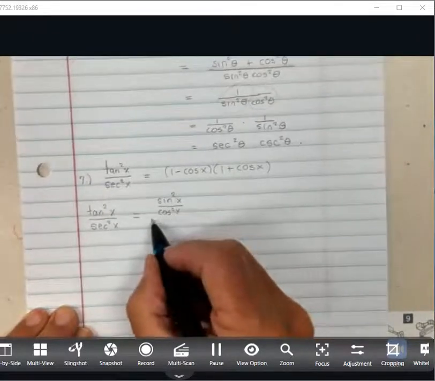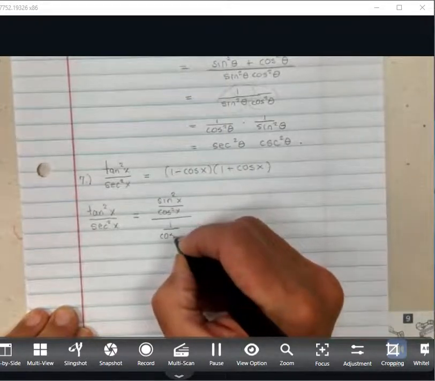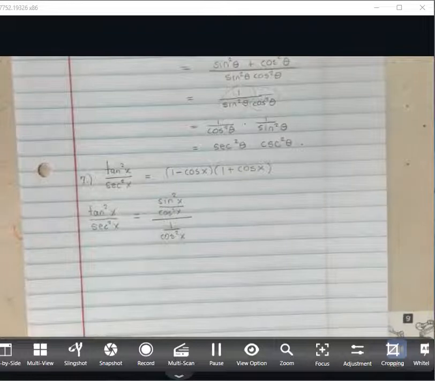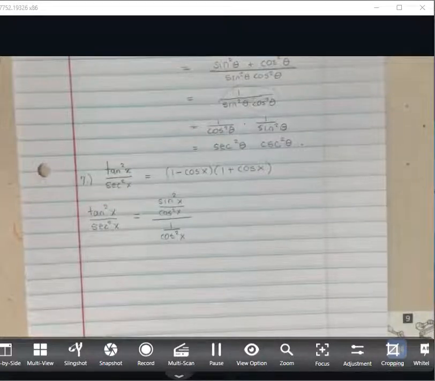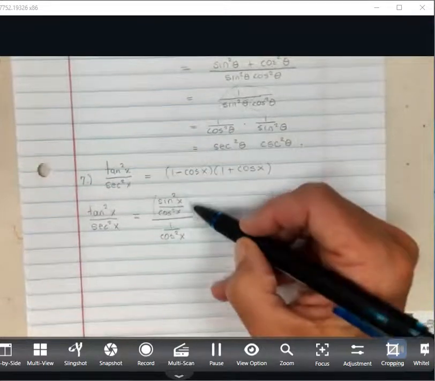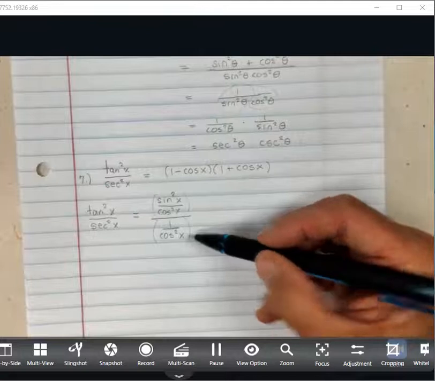What about secant squared? It's 1 over cosine squared. What next? Flip and multiply. You're dividing this fraction by this fraction. So keep this one here, flip that one over and multiply.